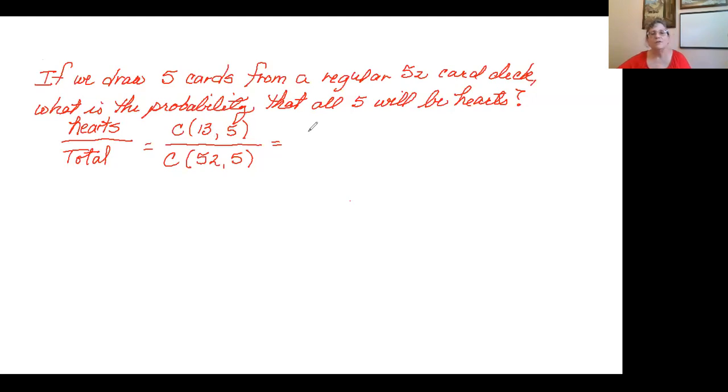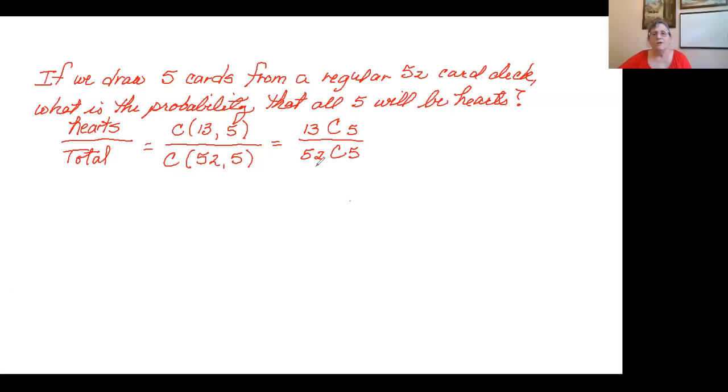So some books write this as 13 choose 5, and then in that notation this would be written as 52 choose 5. It's just a little bit different notation that some books use. They always use one or the other. When you do a problem like this, these 2 numbers should be the same.